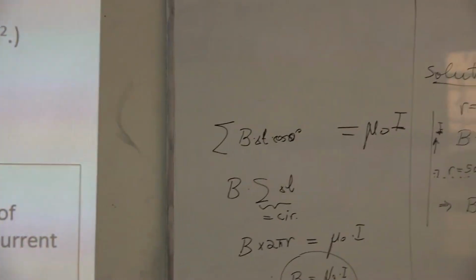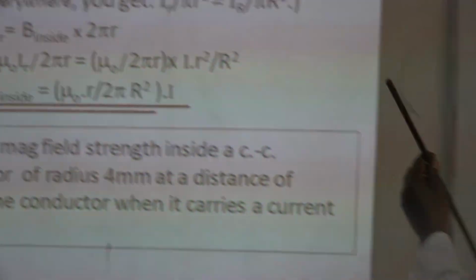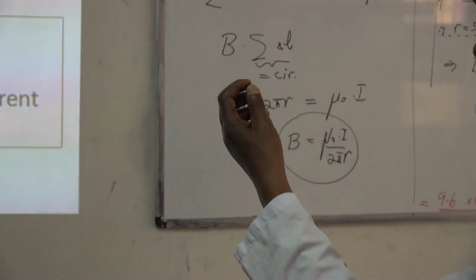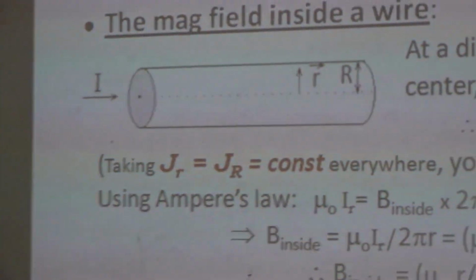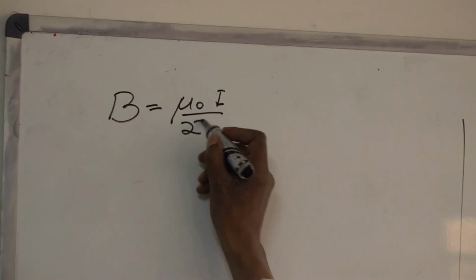a thick wire like this, as you see in the drawing. And so to find the magnetic field strength, we apply Ampere's law. We say B equals mu 0 I over 2 pi r.